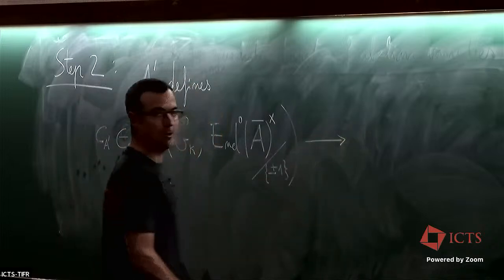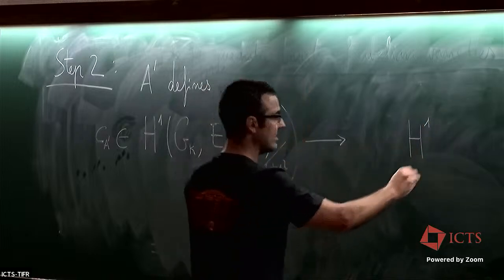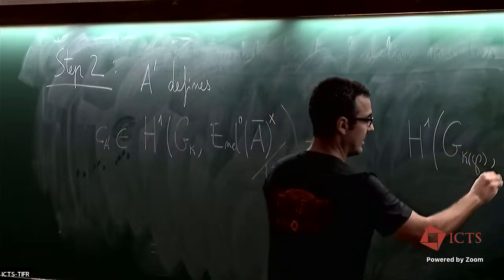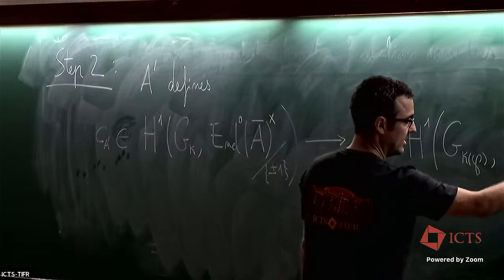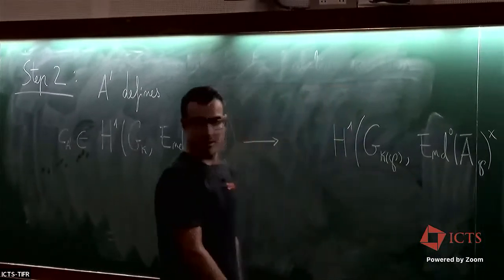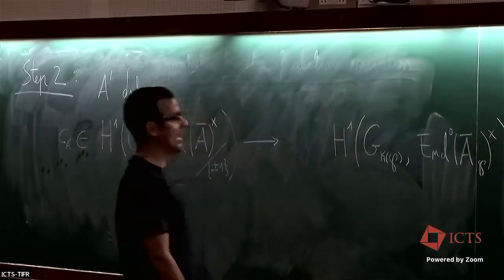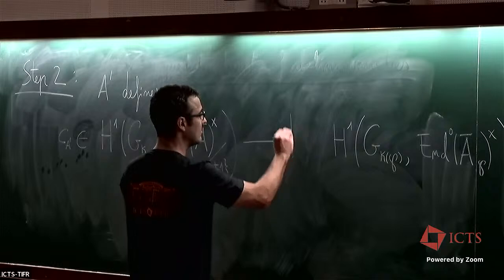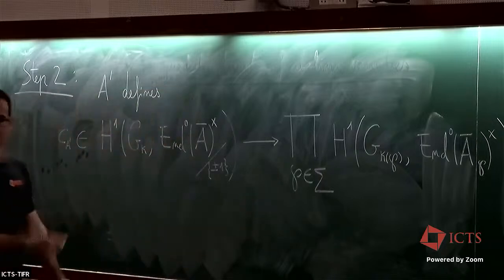Well, to do this, I do the following. I pick some prime of good reduction, and then one has a well-defined map into the H1 of the absolute Galois group of the residue field at P with values in the invertible elements of the geometric endomorphism algebra of the reduction of A modulo P. Okay, and in fact, I can do this for many primes, right? And I'll do this for every prime in a certain set that I will now define.